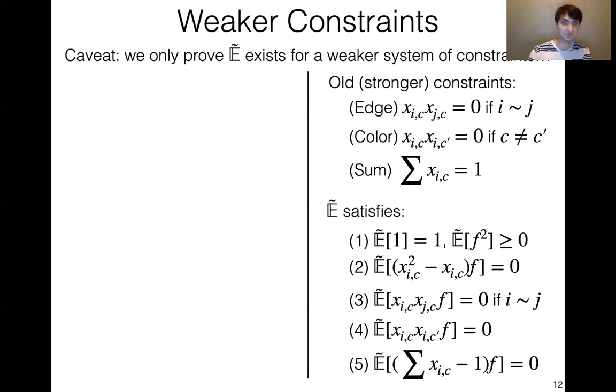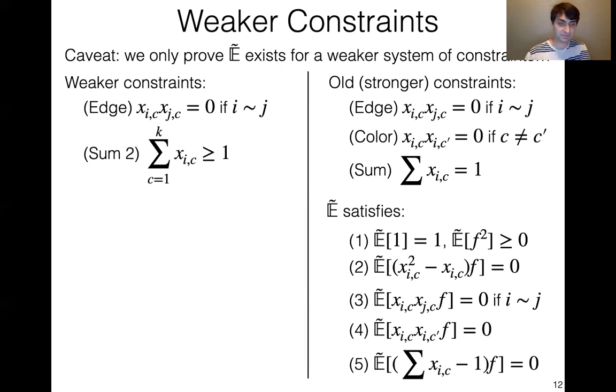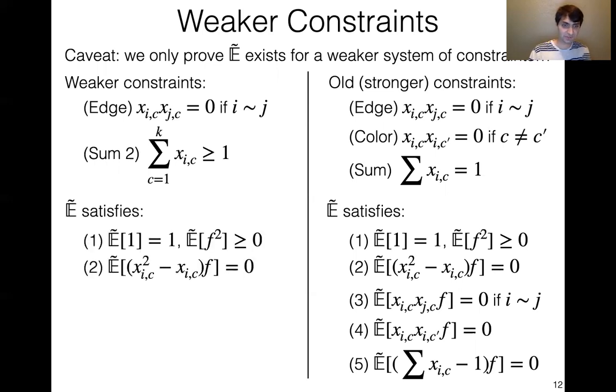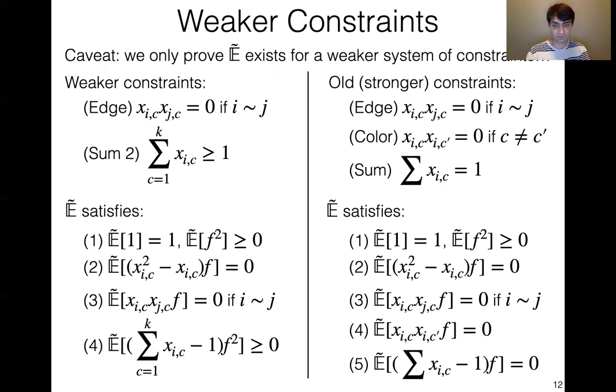And on the left, I'm going to put the system of constraints that we actually satisfy. So the edge constraints are still there, but we replace the color constraints by the inequality constraint here. And in terms of the pseudo expectation, the first three things are the same, and bullet points 4 and 5 on the right are replaced by this constraint on the left.